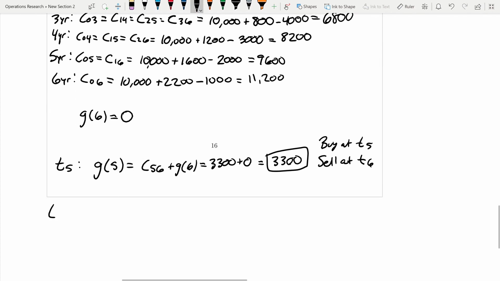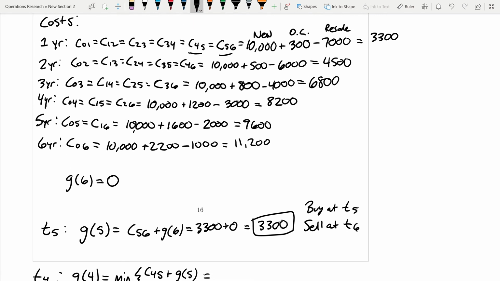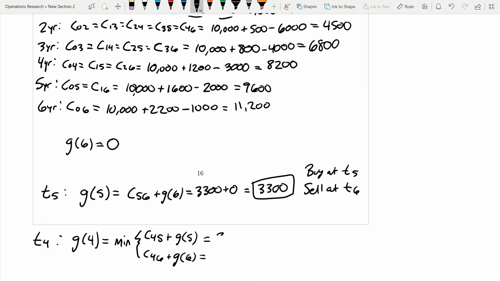Now we go on to T4, which is going to be G of 4 equals, well, we have a couple options now. We can either go from 4 to 5 and add on G of 5, or we can go from 4 to 6 and add on G of 6. So 4 to 5 up here is going to be 3,300 plus G of 5, which is 3,300.